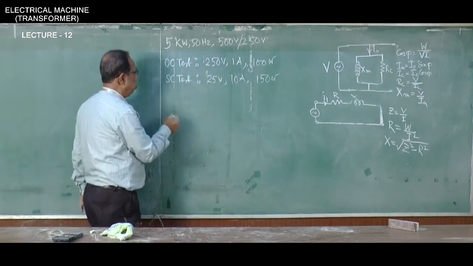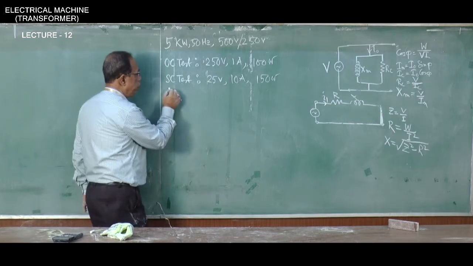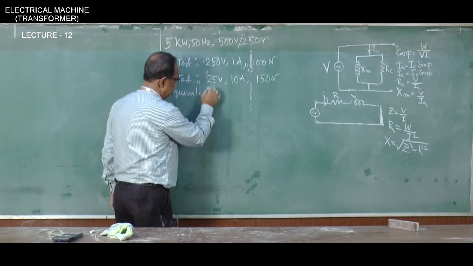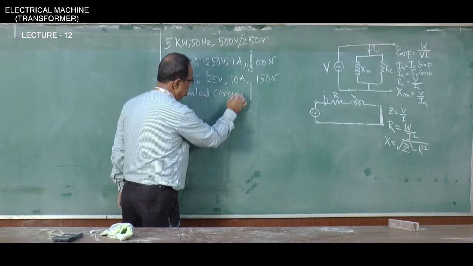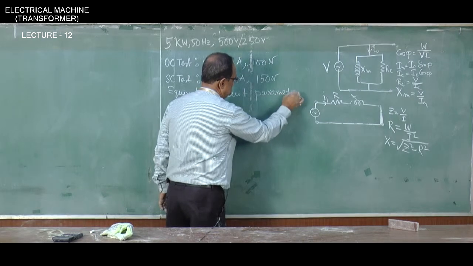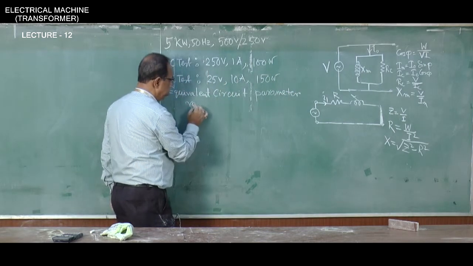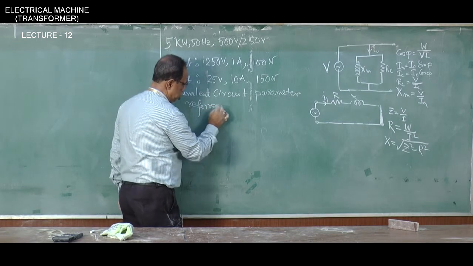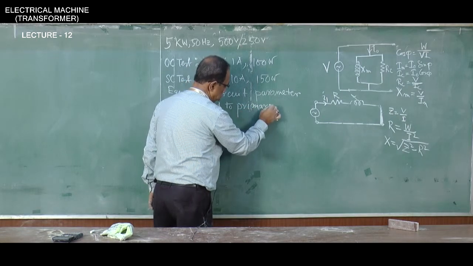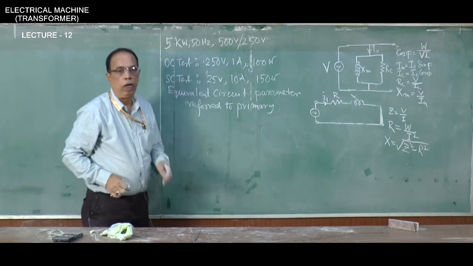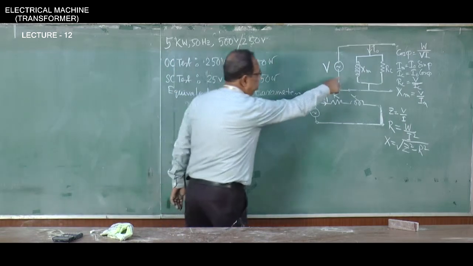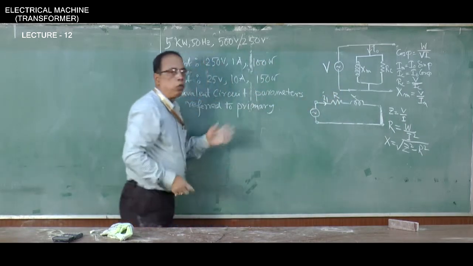We are required to find out the equivalent circuit parameters, that means the shunt values and series values, referred to primary.